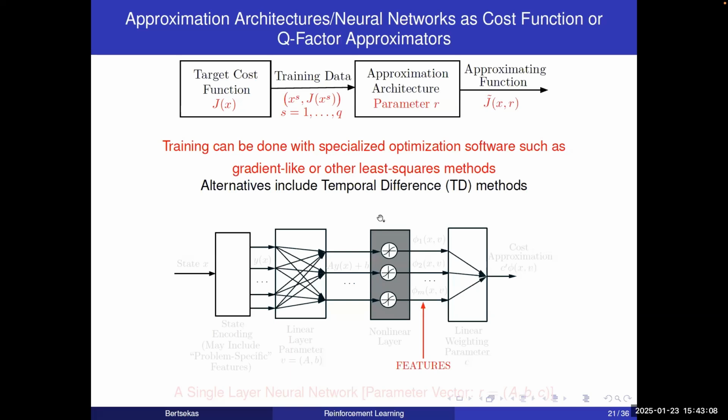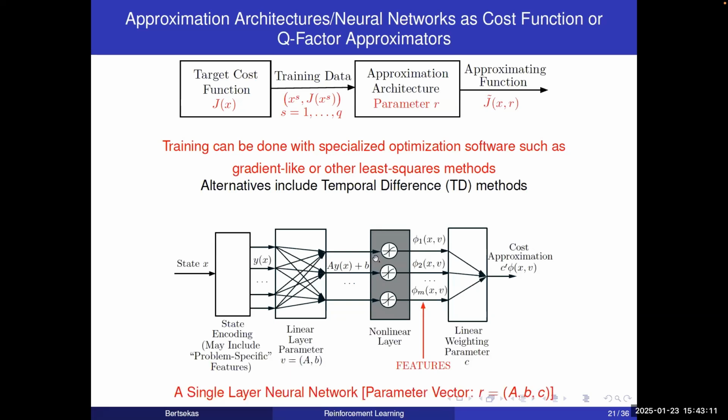And talking about neural networks, you've probably seen this in other places. Let me explain the structure of a simple neural network. Remember, we want this neural network to represent an approximation to a target cost function. So here we feed in the state.